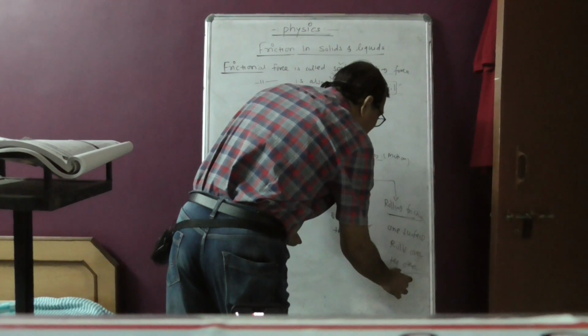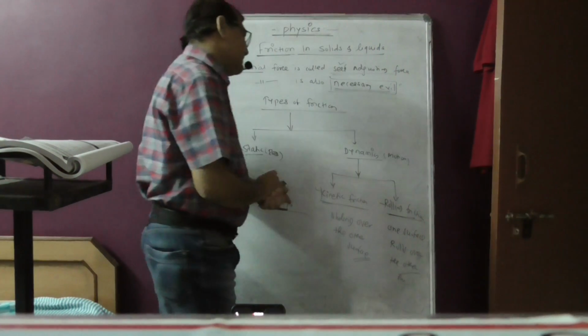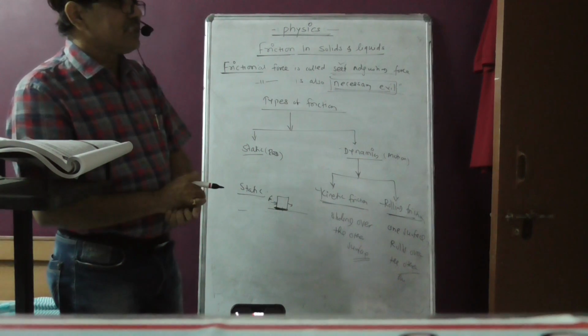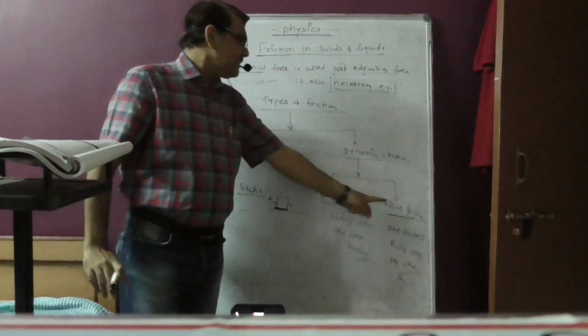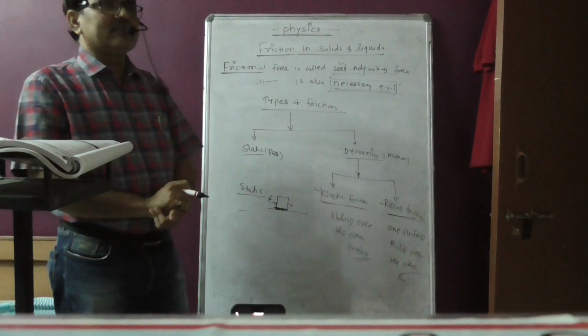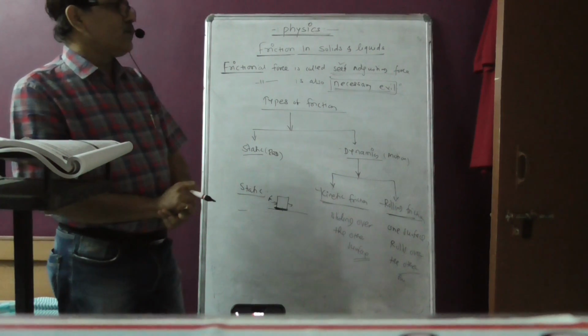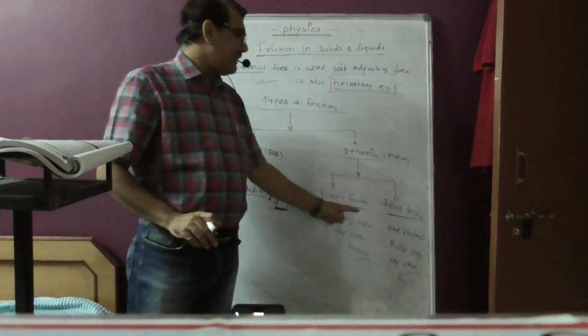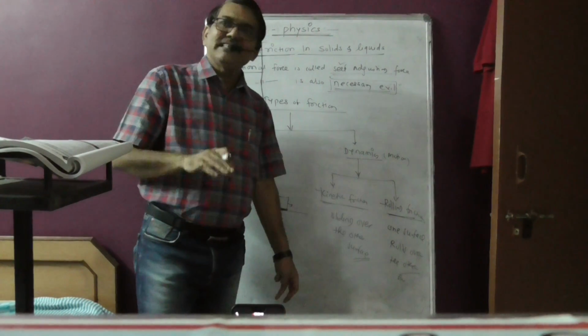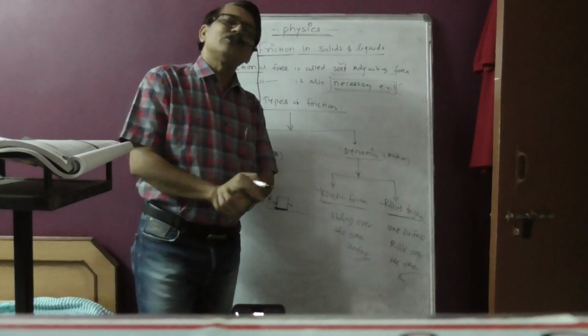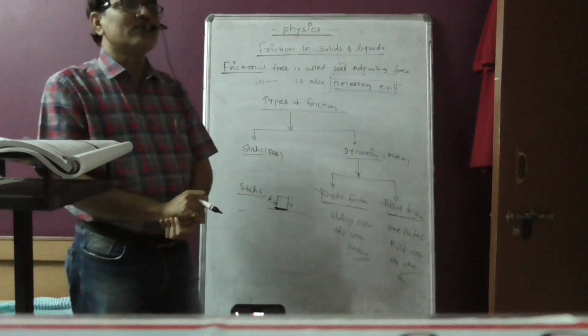That is called the rolling force of friction. So, kinetic force of friction when sliding, and rolling force of friction when rolling. When the body starts rolling, again less force will be required, so that is called the rolling force of friction.